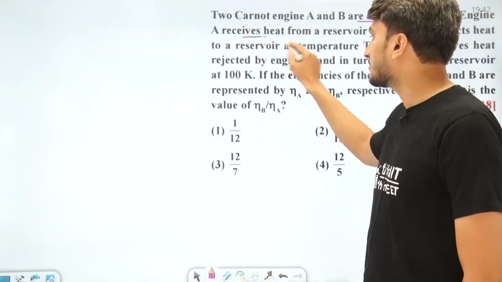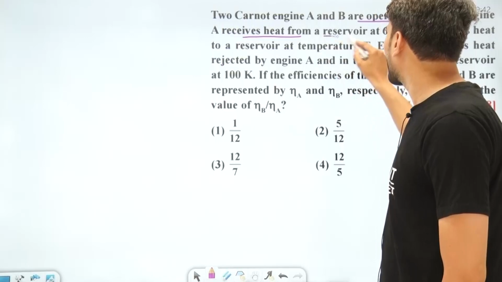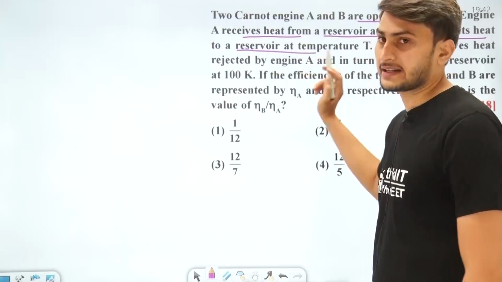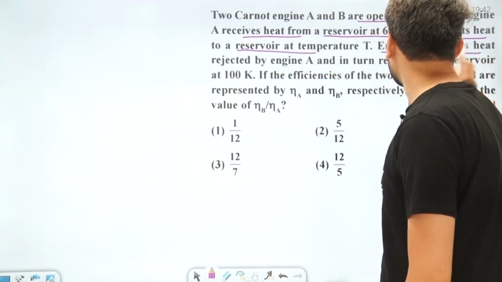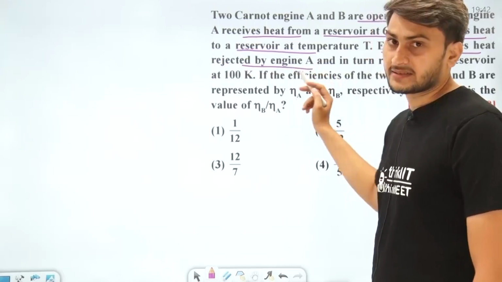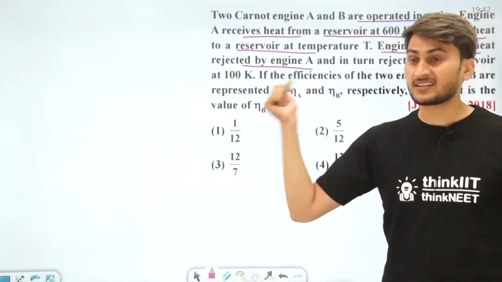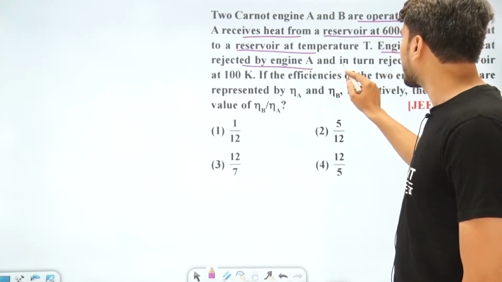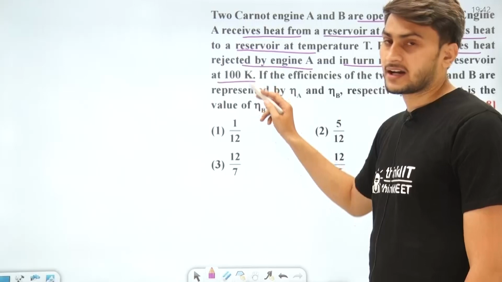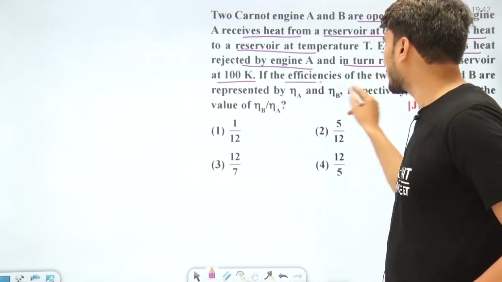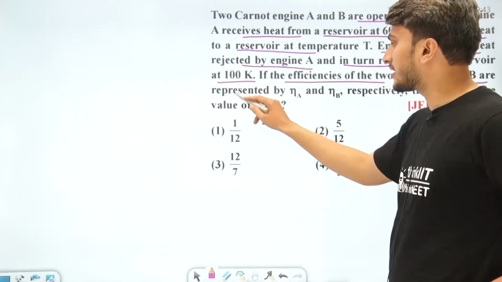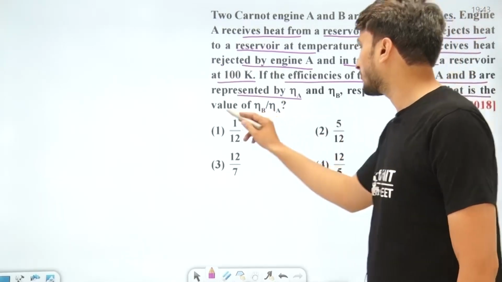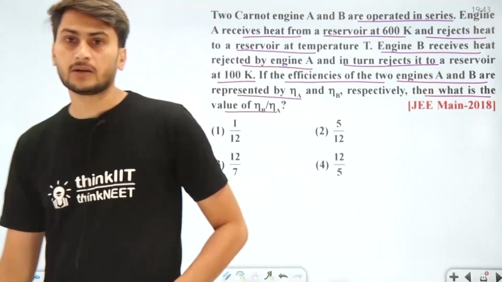Now engine A receives heat from a reservoir at 600 Kelvin and rejects heat to a reservoir at temperature T. Engine B receives the heat rejected by engine A, that means the temperature T is received by engine B, and in turn rejects to a reservoir at 100 Kelvin. Now if the efficiencies of the two engines A and B are represented by eta 1 and eta 2, find the ratio of eta B by eta A.